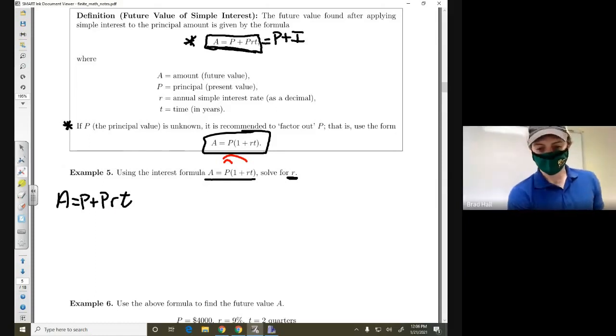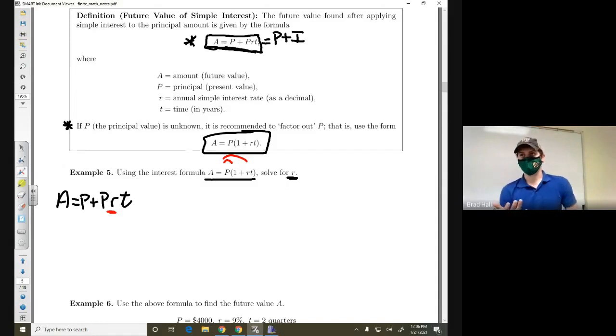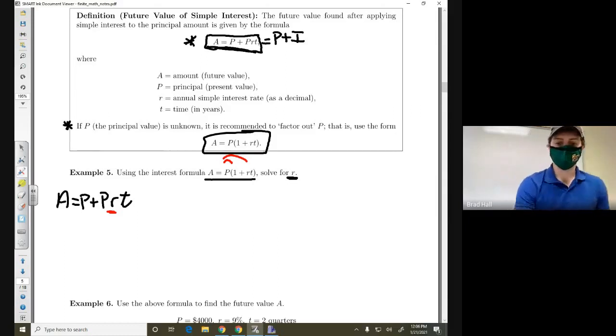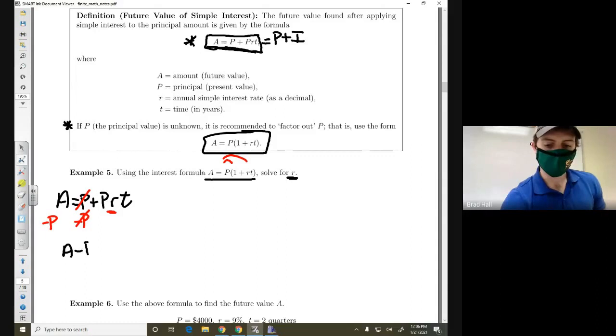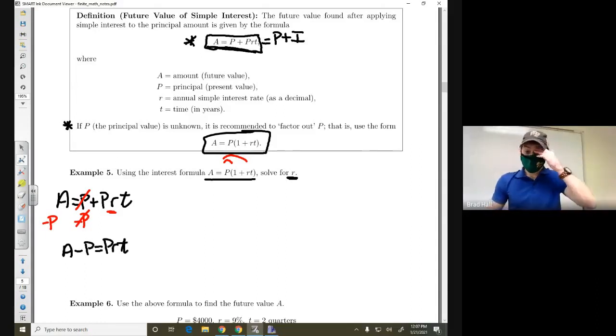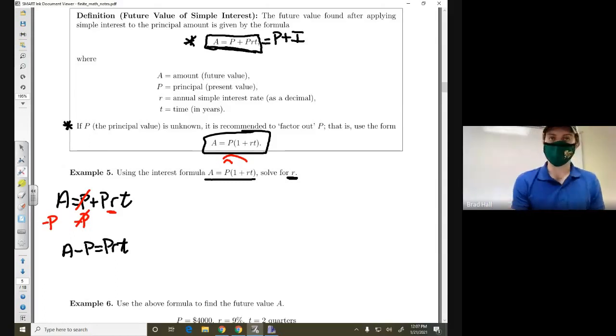But to get R by itself, remember, to get something by itself, we normally do reverse order of operations. So that means take care of addition and subtraction first. So the P is being added. So we're going to subtract the P on both sides. That cancels out over here. And so we get A minus P is equal to P times R times T. So now we have the term PRT by itself. All right, we did all the addition and subtraction.